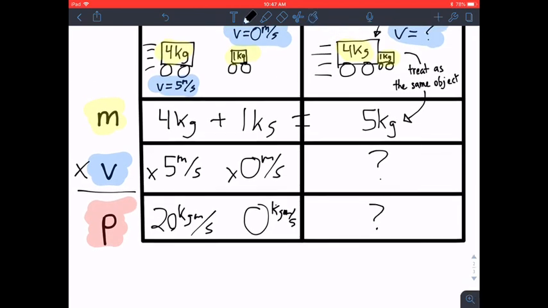So 20 plus 0 should equal the momentum on the other side. If I have 20 momentum at the beginning, I'm going to have 20 momentum at the end. And just to make my life easier, I'm just going to copy it and paste it over here. So there we go. We have conservation of momentum now.